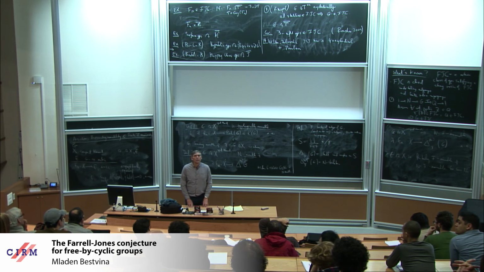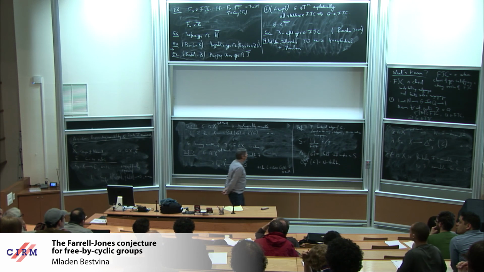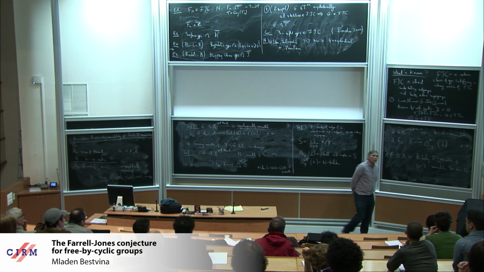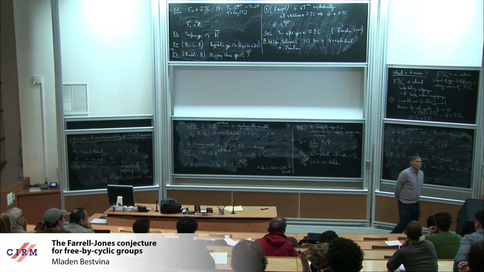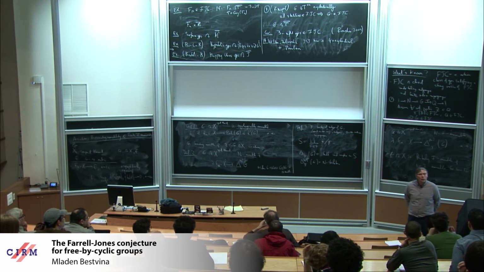Yes. What's the status for elementary amenable groups? I think this class is closed under taking direct limits, right? So I think then you're in good shape. I would have to think through the definition, but I think it follows from this exact sequence business, doesn't it?